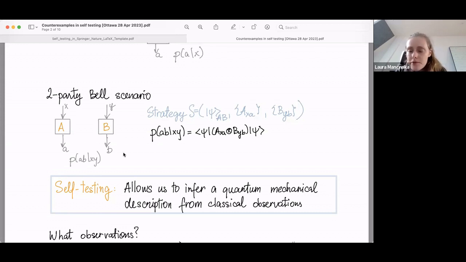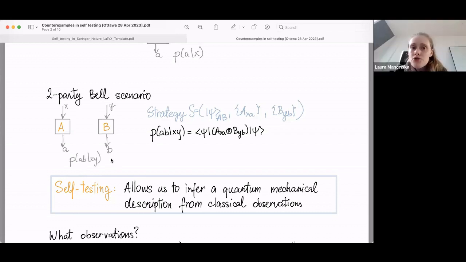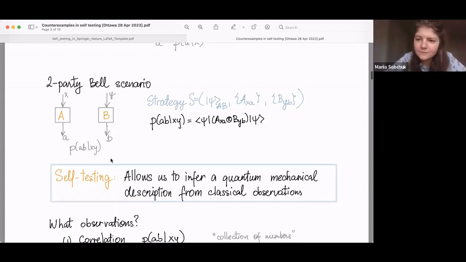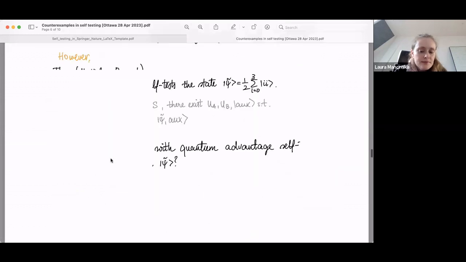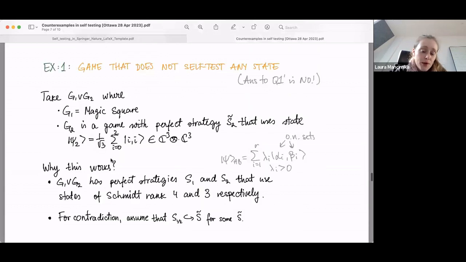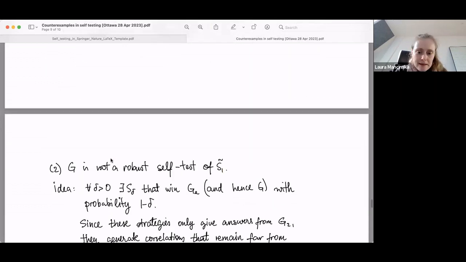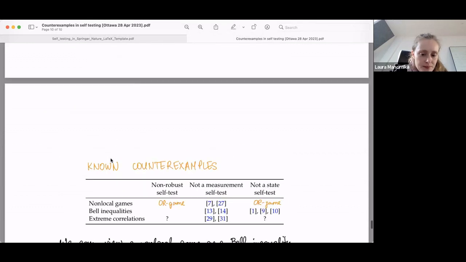Let's say you fix the number of questions and answers. This is a convex set, called the set of quantum correlations, and you can talk about points being extreme in this set. Somehow we think that maybe we can only self-test the extreme points in this set. That's why I raised this question for extreme.